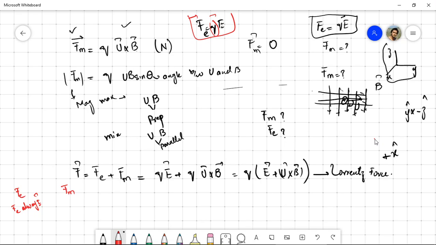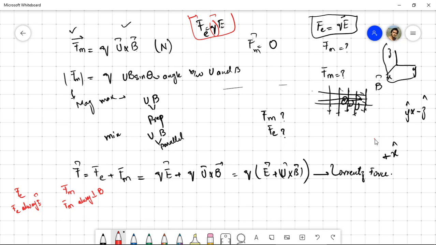So Fe will always be in the direction of E, but Fm is always perpendicular to B, because Fm is the resultant of the cross product of U and B, which means that the resultant will be perpendicular to both U as well as B. So this is the first thing.